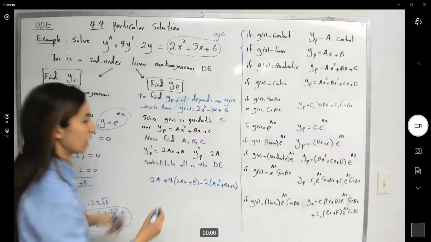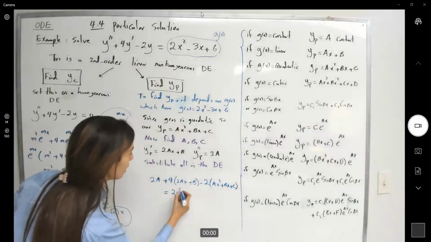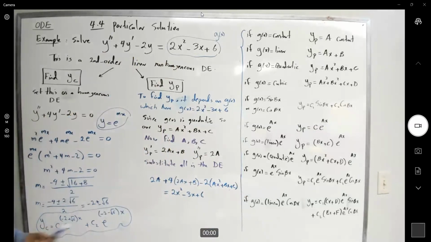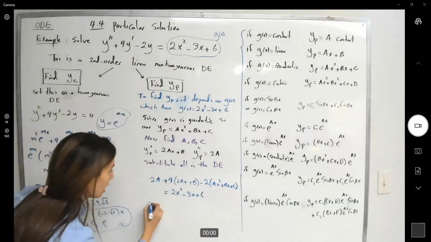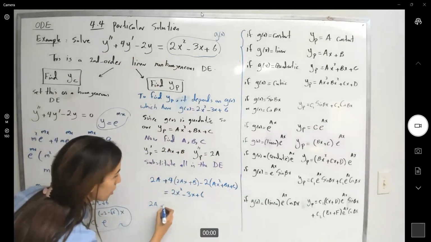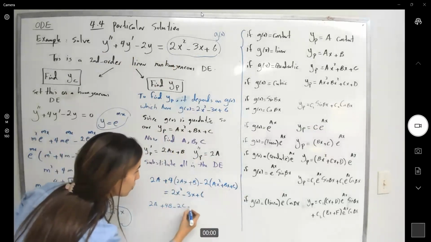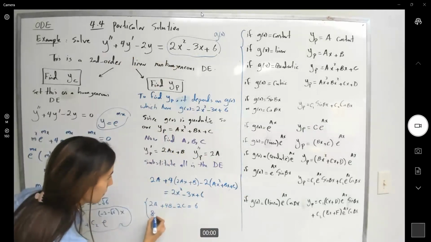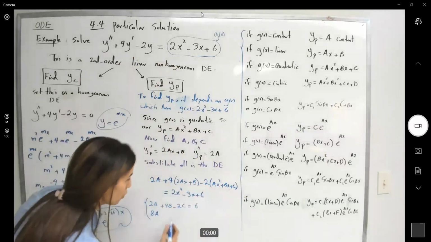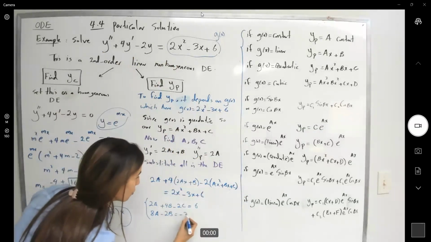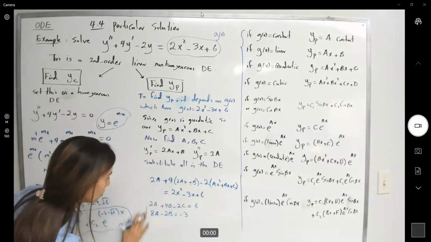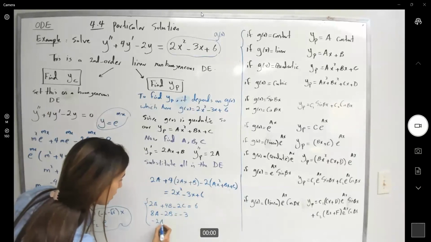And on the right-hand side, I have 2x squared minus 3x plus 6. It's a simple algebra equation. What do we have? You have 2a plus 4b minus 2c equals 6. You have 8a minus 2b equals negative 3. And finally, you have negative 2a equals 2.